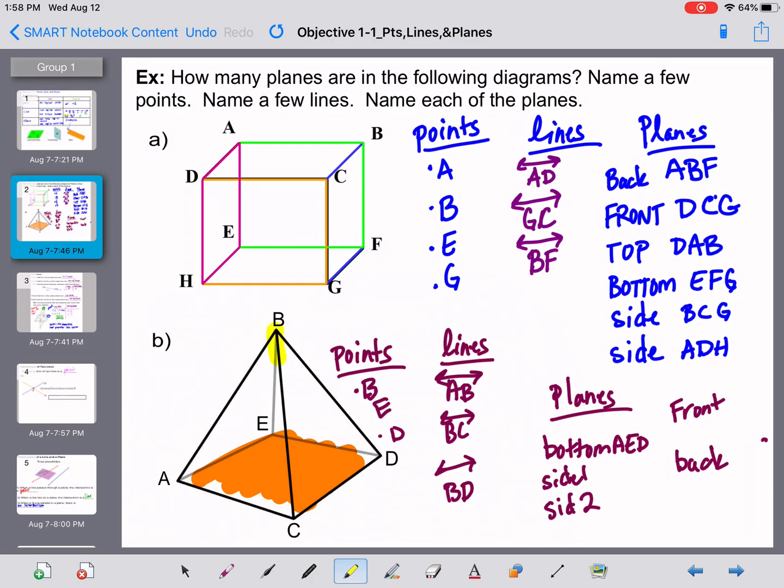If I went from B to C, D, and back up. So side 1 is going to be B, C to D. All right, side 2, B, E, A. See that? B, E, A, back to B.